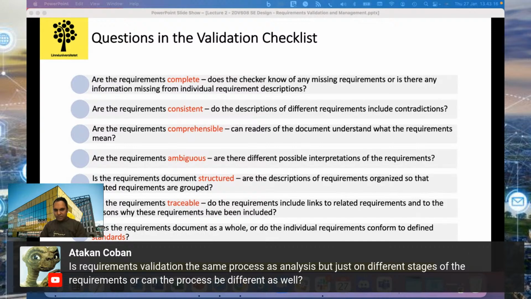I think the process is also a little bit different, because not all the questions are the same in these checklists, and they are also done in different phases. So both are true. Requirements analysis is done prior to requirements specification, whereas requirements validation is done after requirements specification.